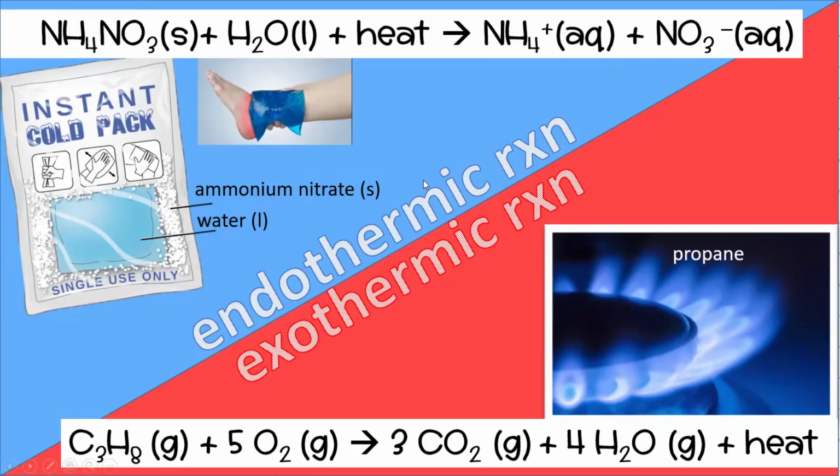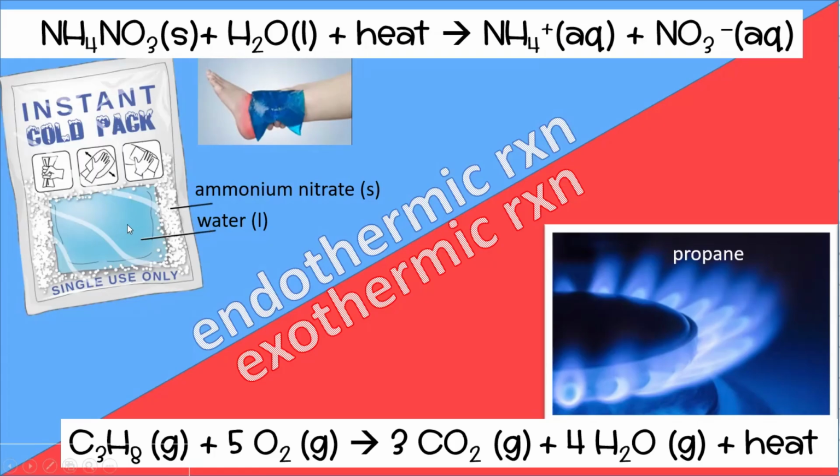If we wrote an equation and included heat in the equation, take an instant ice pack. This instant ice pack has ammonium nitrate loose in the bag, and then there's a little bag of water inside.